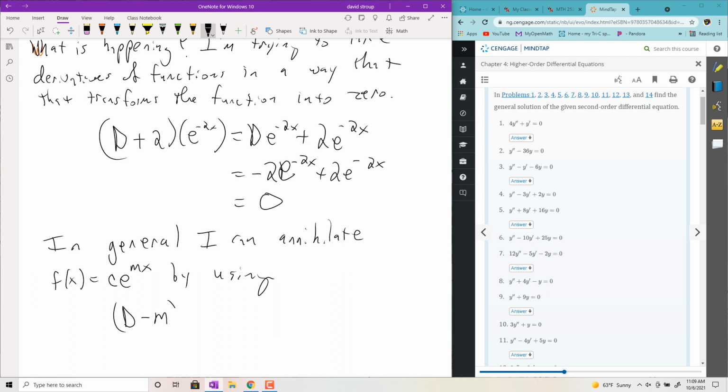D minus m is the annihilator. It's a polynomial operator that works on this function e to the negative 2x to make it equal 0. And of course we could show that right here.